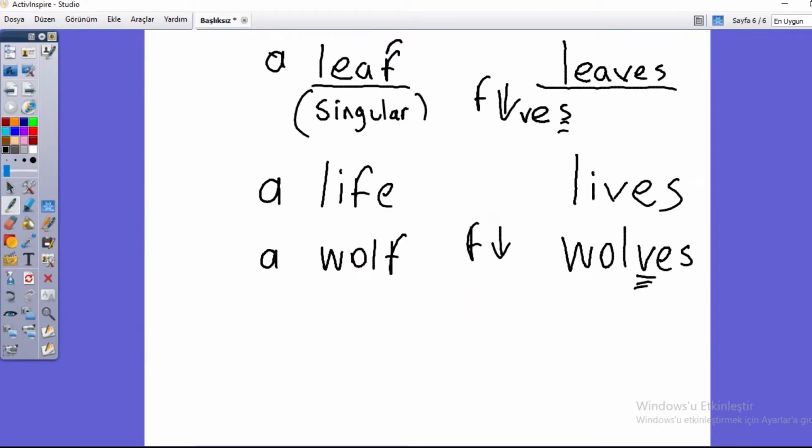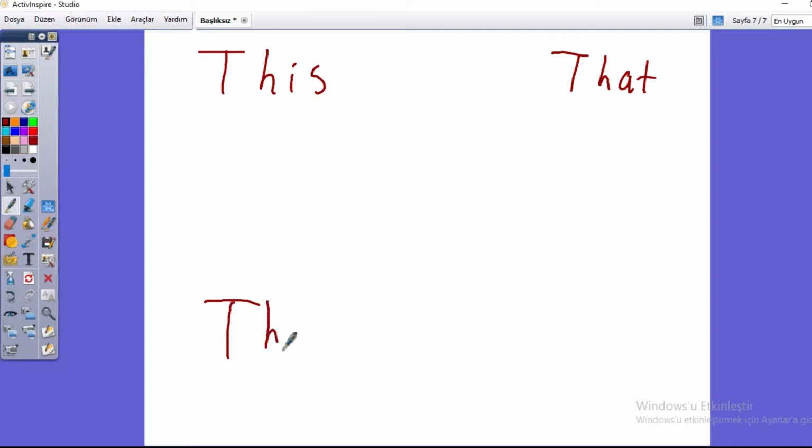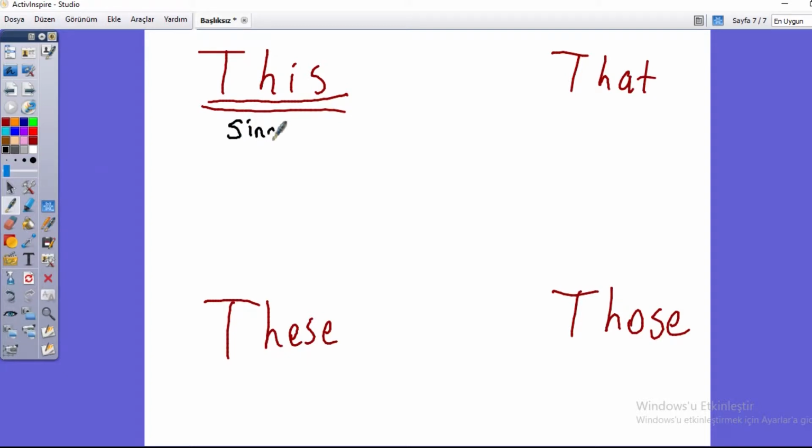This, that, these, and those. We use this for singular nouns. We use that also for singular nouns.